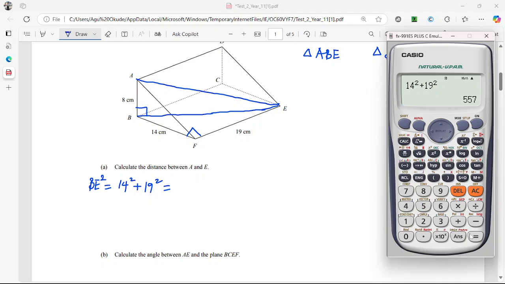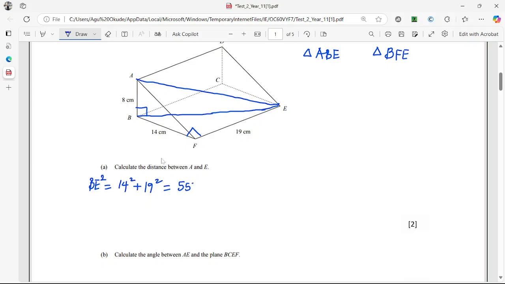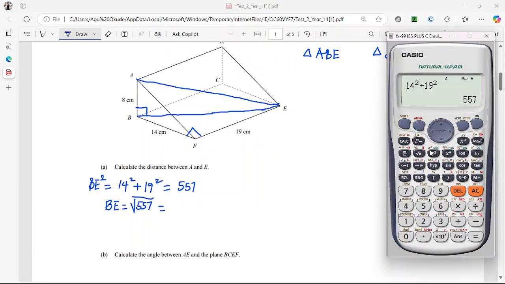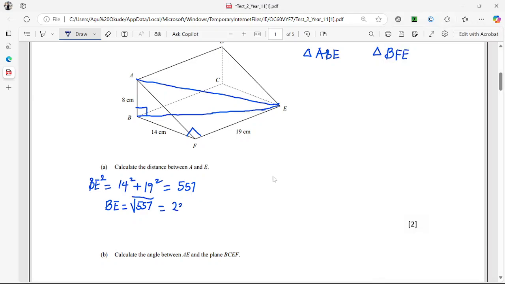Now this gives me 557. The value of BE is going to be the square root of 557, which is 23.6 centimeters. So this is the length of BE.